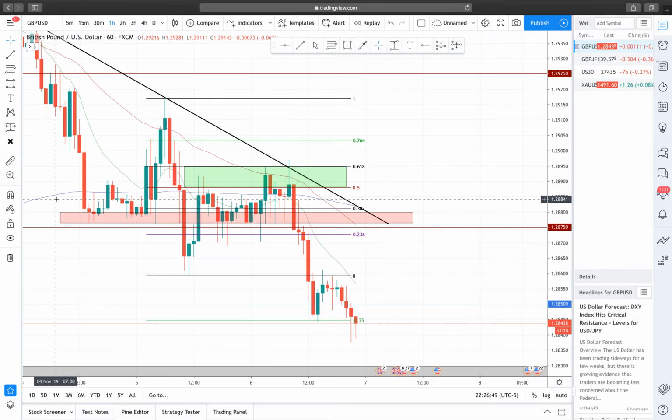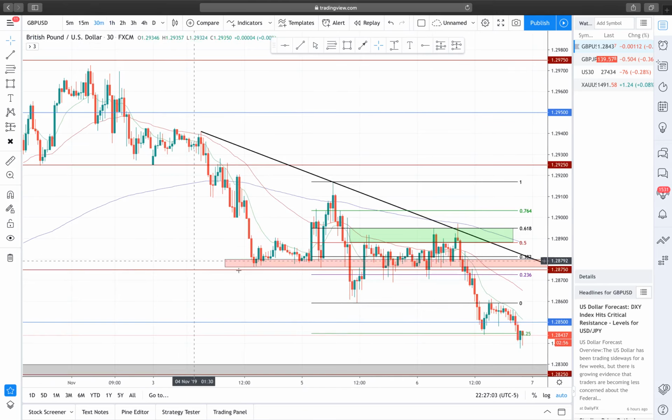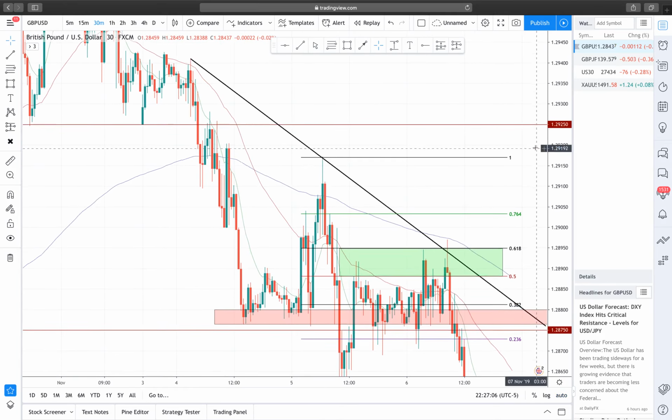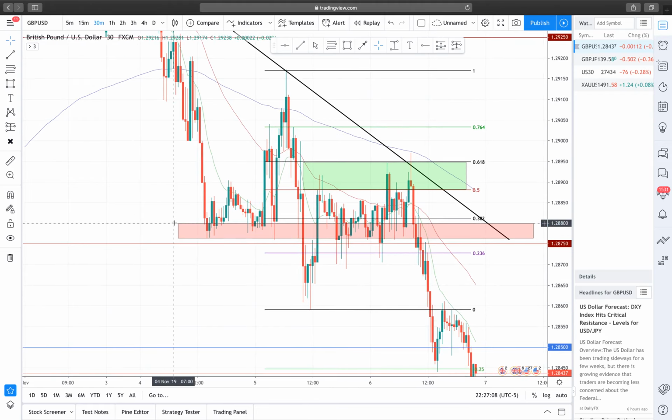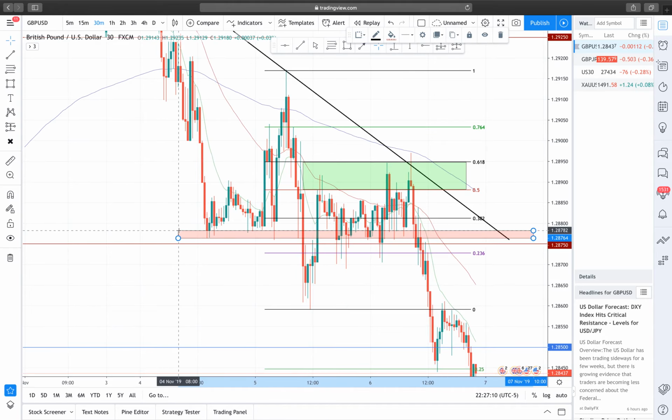But as you can see, we did come over here and close under this right here, which is our 1 hour support and also our 30-minute support. All you gotta do is basically like that. So 30-minute support, 1 hour support.